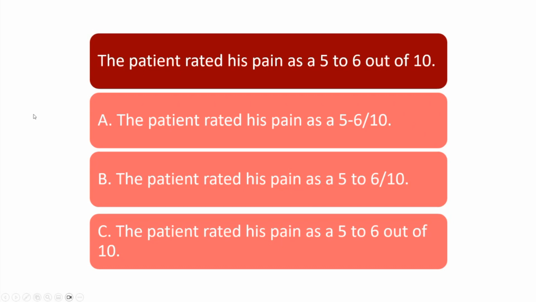The patient rated his pain as a 5 to 6 out of 10. Which do you think is the correct way to format that sentence? Good, good.